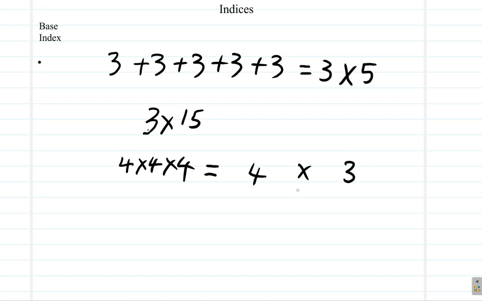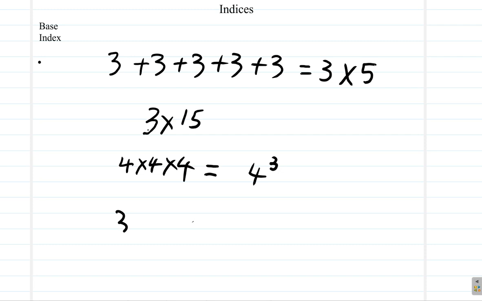You cannot write 4 multiplied by 3 because it's not repeated addition, it's repeated multiplication. Now, here, you're not really going to have some symbol between the 4 and 3. No. The way you write it here is this. You write the 3 as a superscript. You see that?